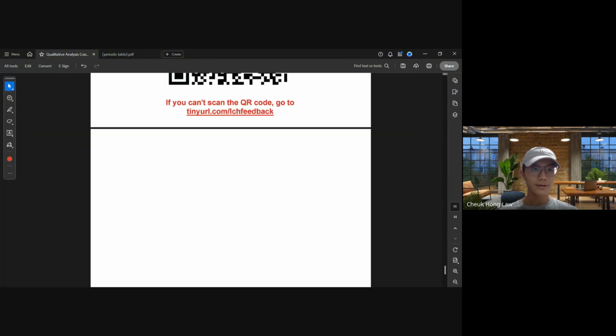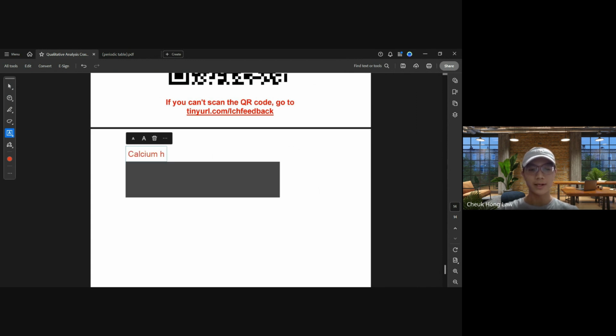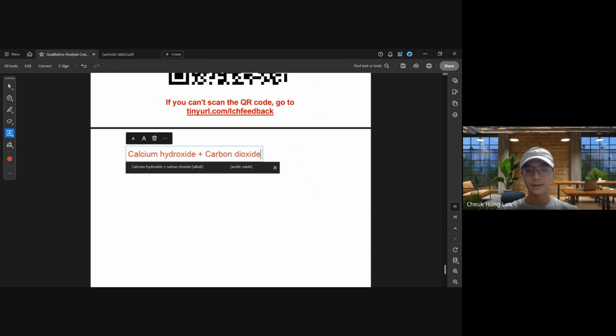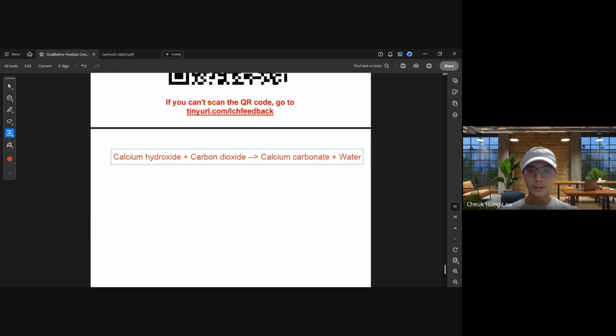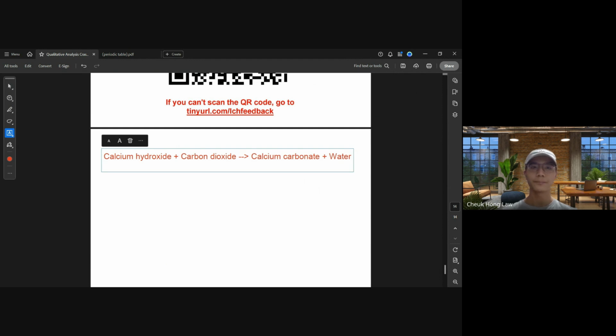Okay. So just now we have calcium hydroxide plus carbon dioxide to give you calcium carbonate. This is the reaction: calcium hydroxide plus carbon dioxide gives calcium carbonate plus water.